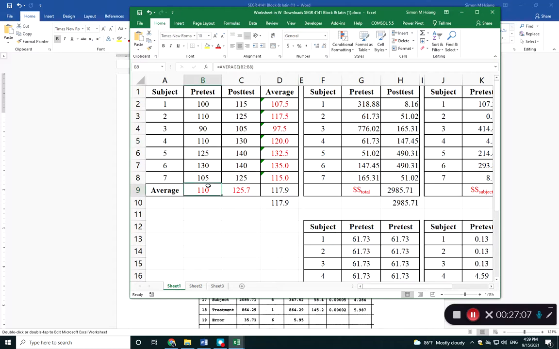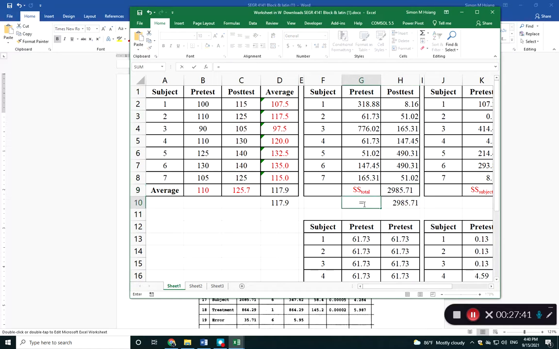First, you figure out the average. The sum of square total is everybody minus the overall average, and then you get that. And there's another way you can get that. Let me do that just for fun.